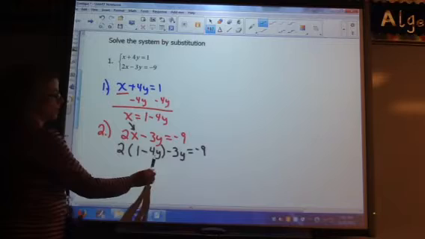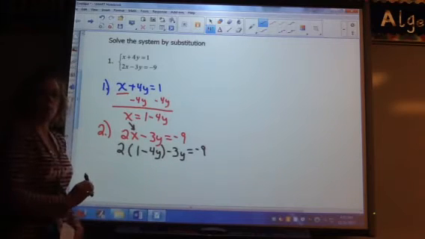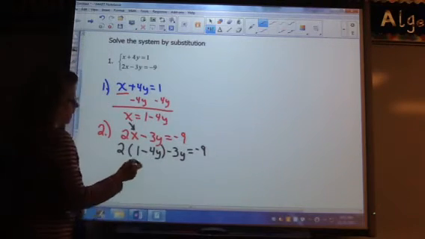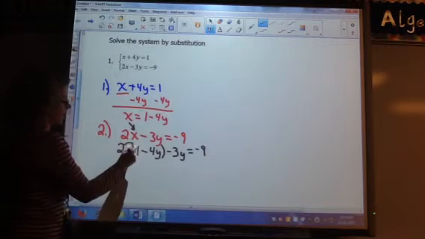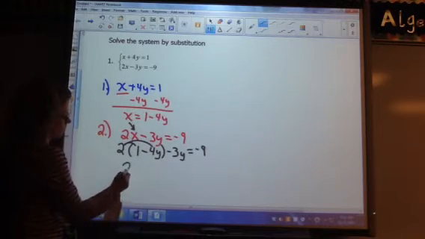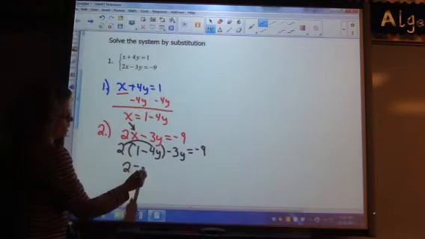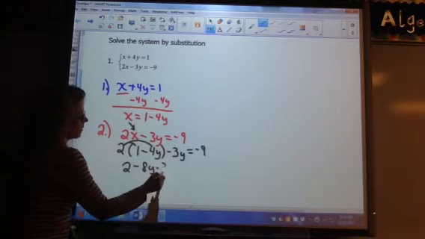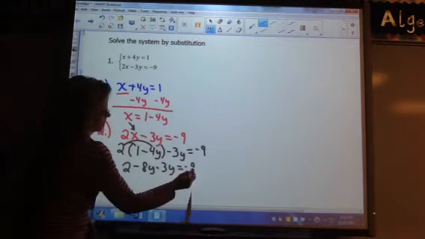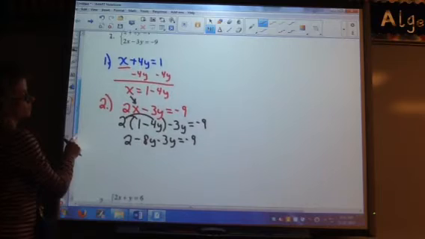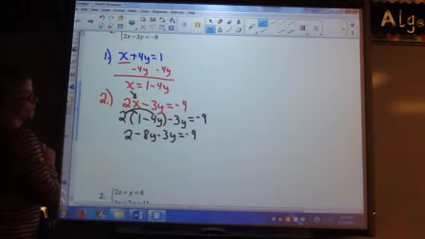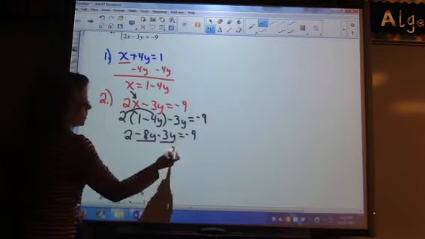Alright, now we've got the variable y. We're going to solve this multi-step equation here. So, to simplify the left side, I need to distribute first. So, 2 minus 8y, bring down the rest of my equation. Combine like terms.